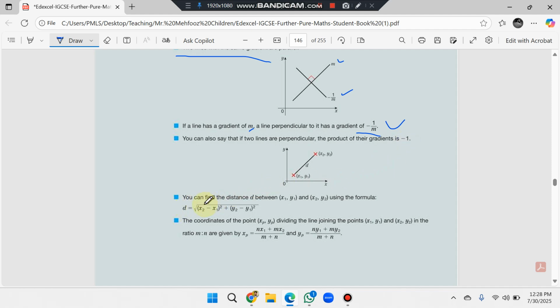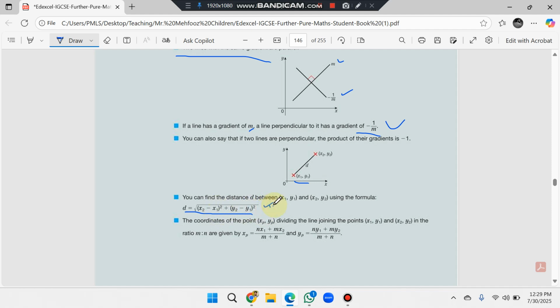Next is the distance formula. We calculate the distance between two points, the first with coordinates x1, y1 and the second with coordinates x2, y2. The distance formula is the square root of (x2 minus x1) squared plus (y2 minus y1) squared.